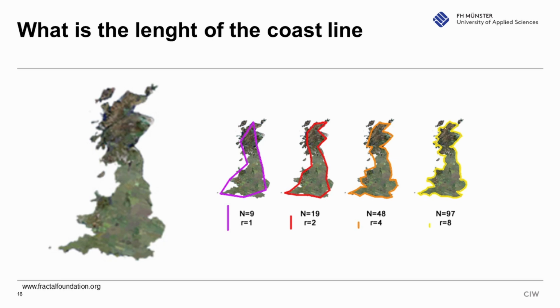and this is the question about what is the length of the coastline of Great Britain. So this is Great Britain, and the question now is what is the length of the coast here, right? How can we determine it by measuring it? And measuring is not as easy as you think, even for a basic question like the coastline length. The answer is that the length depends on your measurement scale.